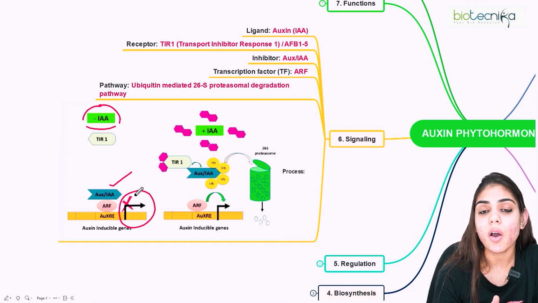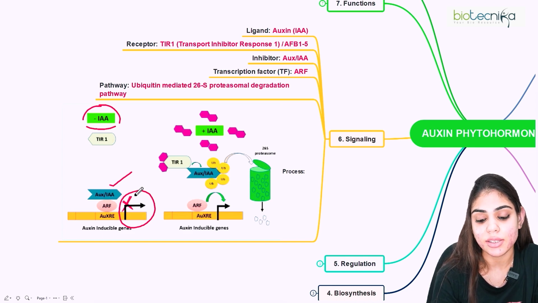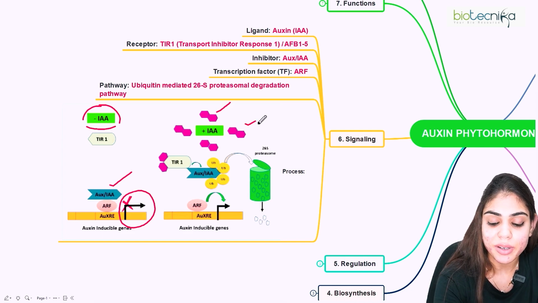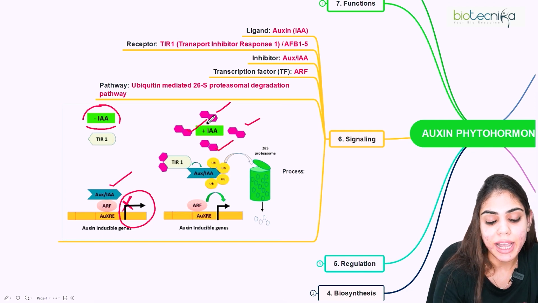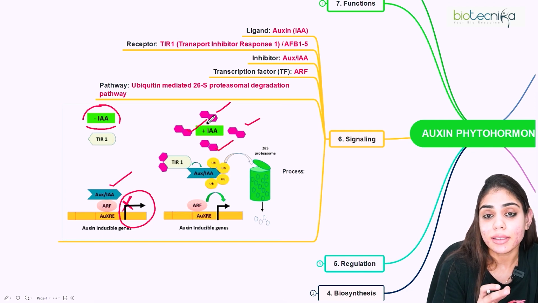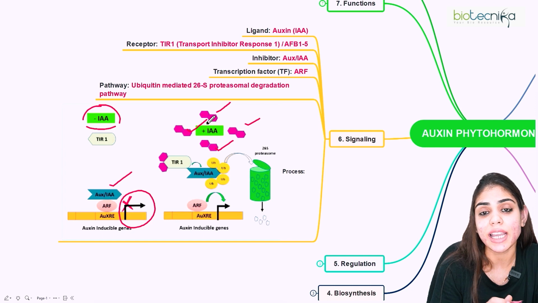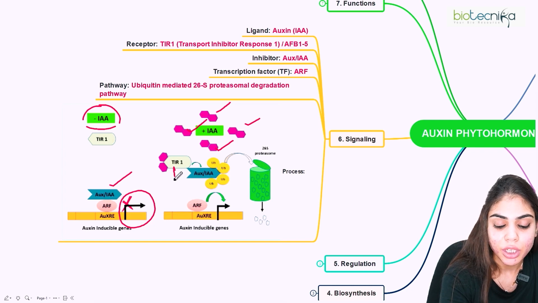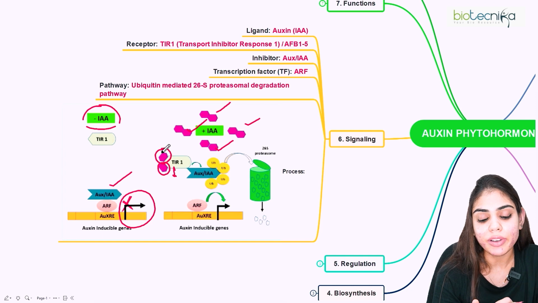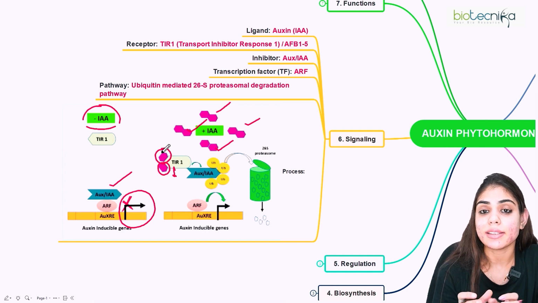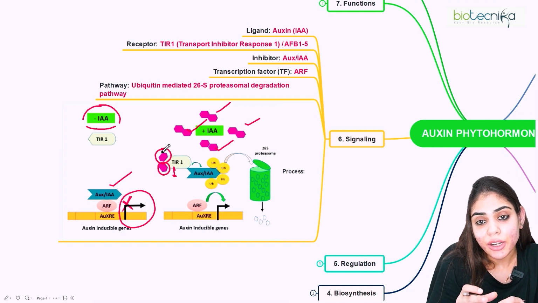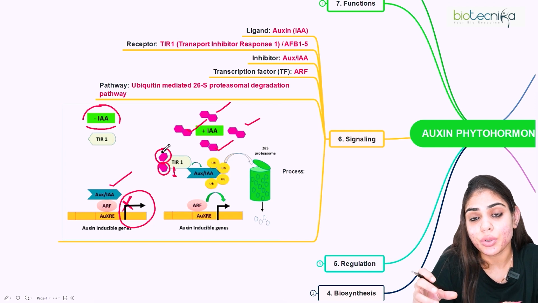But if the auxin is synthesized in the plant cell, so you can see auxin is present in more amount. So what will happen? It will occupy the sites for the receptor, that is TIR1 as well as AFB125. So here in the diagram, it is mentioned about TIR1. You can see here two auxin molecules are bound to it. So what will happen? This TIR1 is an F-box protein that will add the ubiquitin tag to the target.